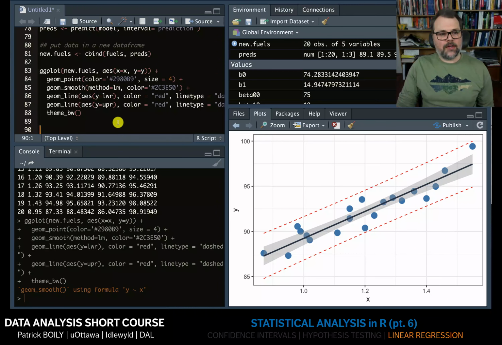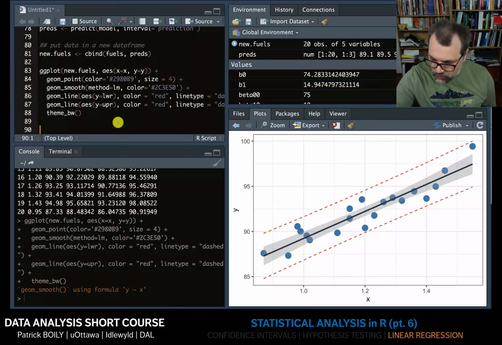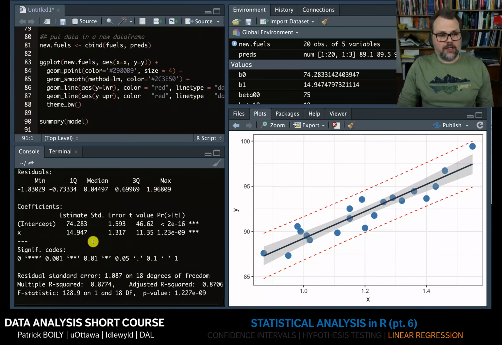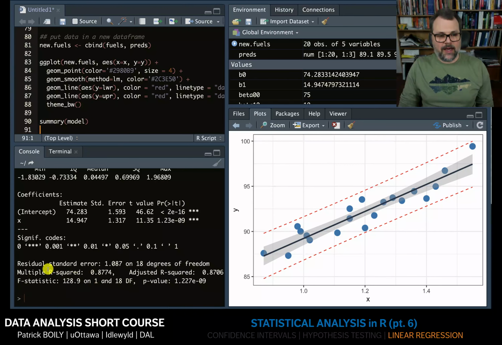The last thing I want to talk about is where you can extract the F statistic and the R-squared statistic from the actual model summary for the linear regression. It is provided by the actual output. The F statistic value, 128.9, and it tells you the number of degrees of freedom that you get here, 1 and 18.